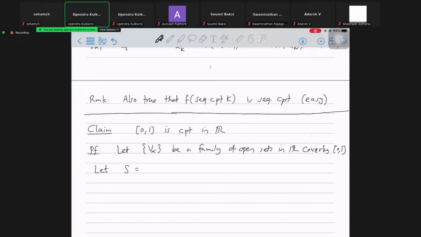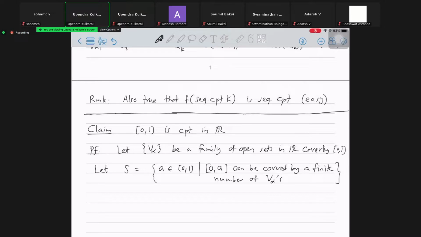So I'm going to consider a set S. So these are going to be good points, right? So this is the set of points A in [0, 1] such that... okay, so just look at this definition.